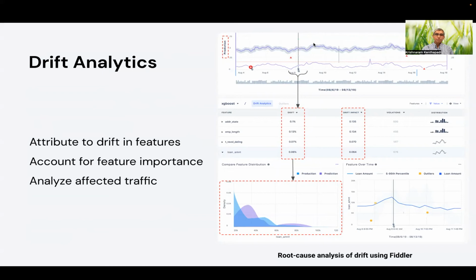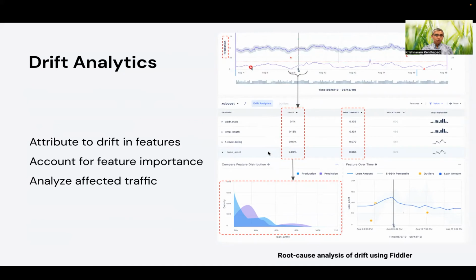So here in the topmost chart, we see the drift in the prediction probability. And once we have identified such a drift, we then want to attribute that drift to different features, taking into account the importance of the features themselves.